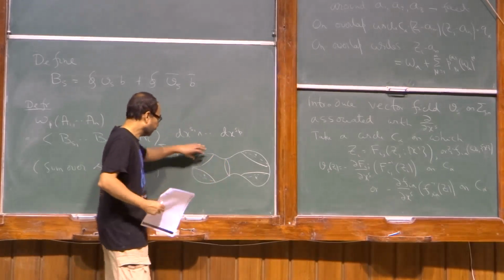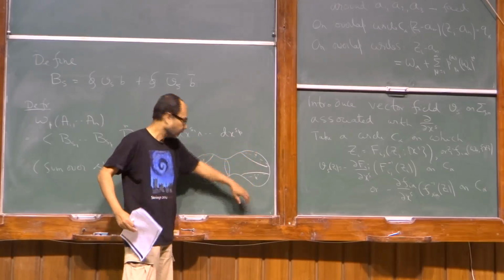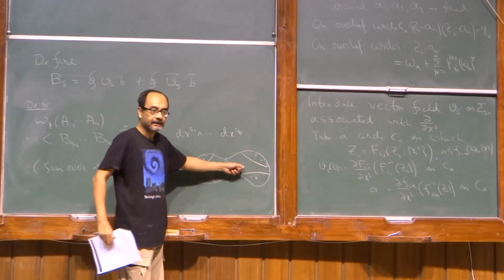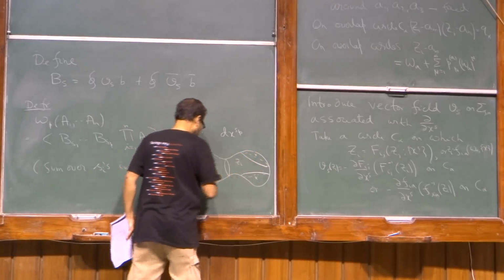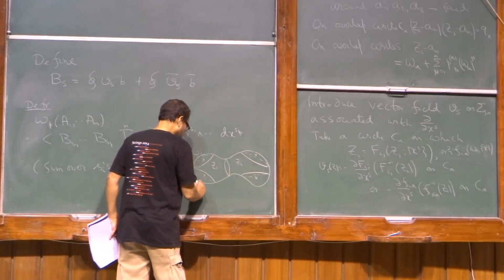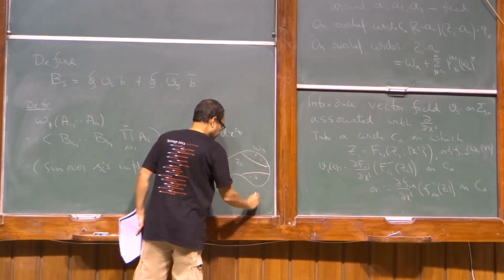So we have four disks and two spheres. So call this Z1, Z2, and this is W1, W2, W3, W4.